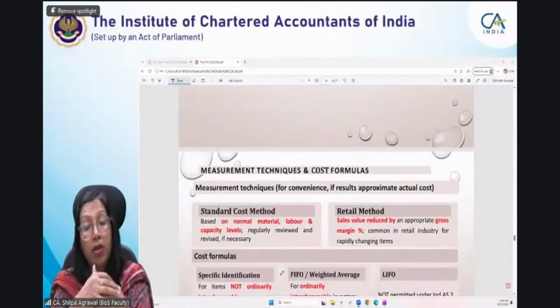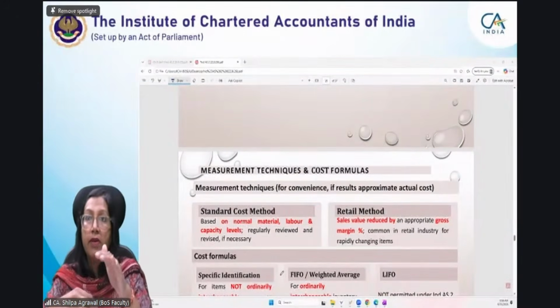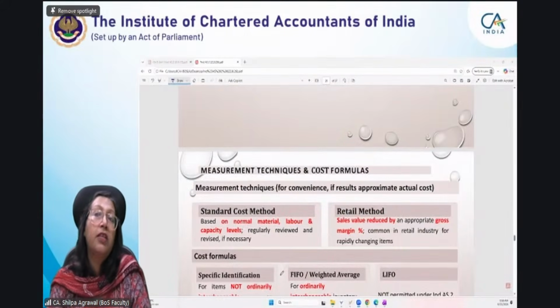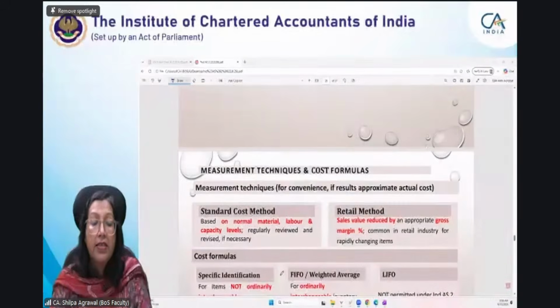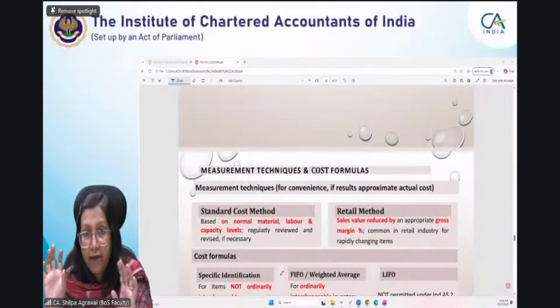Now we are talking about measurement techniques and cost formulas. See students, this is simple allocation of cost, but sometimes manufacturing is of recurring nature or non-recurring nature, ordinarily interchangeable or not ordinarily interchangeable, and sometimes specific identified inventory is there.